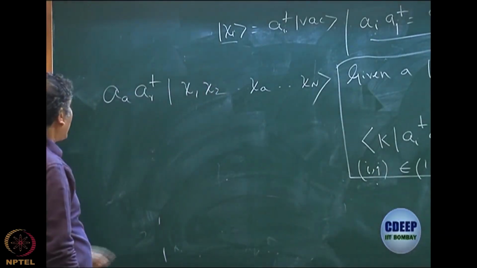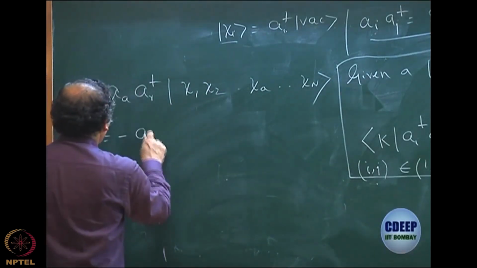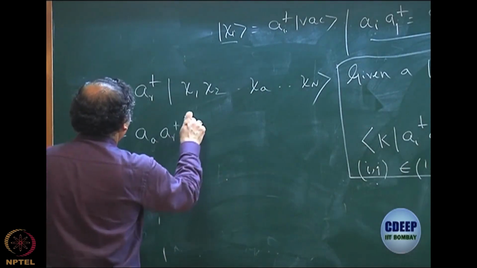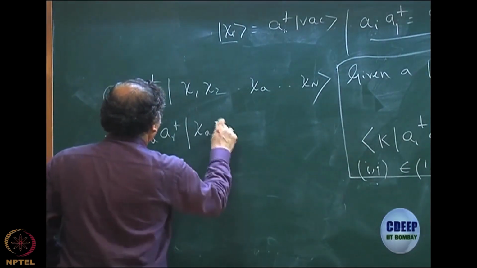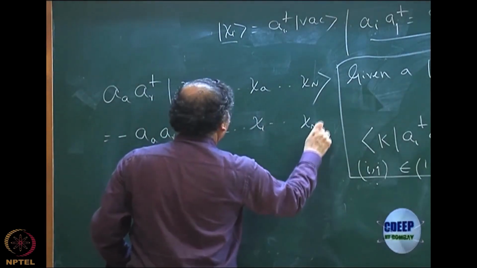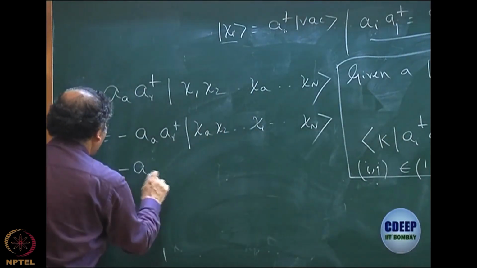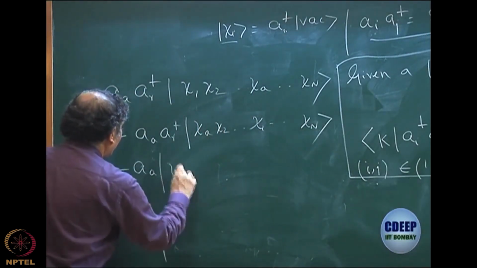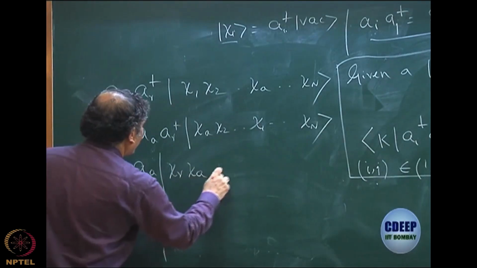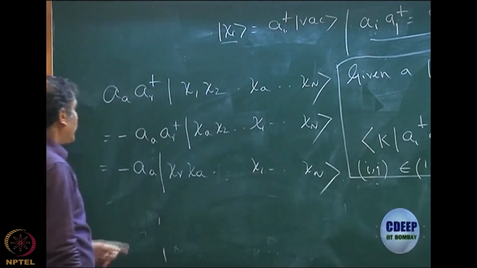Okay. So, I can of course bring chi A here first. So, minus a A a R dagger, chi A, chi 2, chi 1, chi n. And now I create. So, I have minus a A, chi R comes here, chi R, chi A, chi 1, chi n. Now, I have to annihilate.